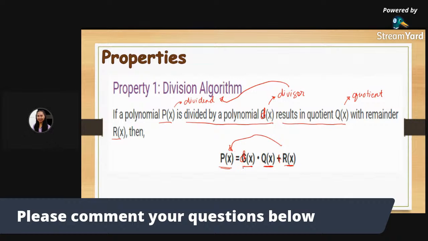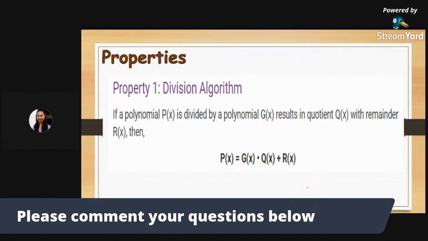This is what we mean by division algorithm. It means that a polynomial is equal to the product of its divisor multiplied by its quotient, added by the remainder. So that's it.